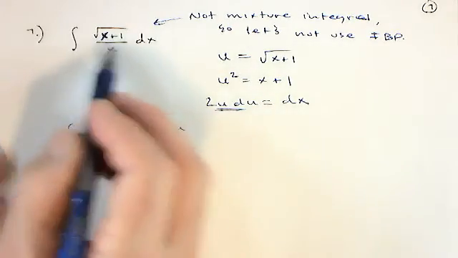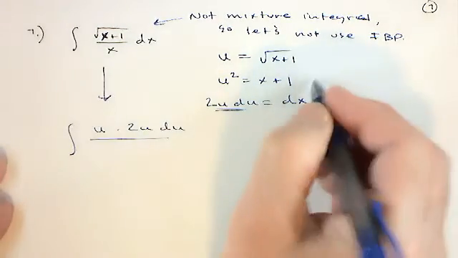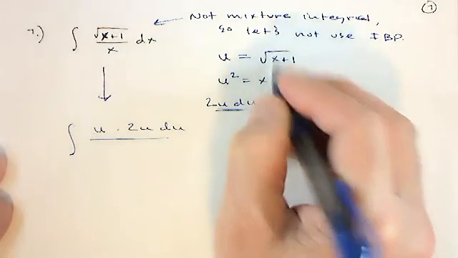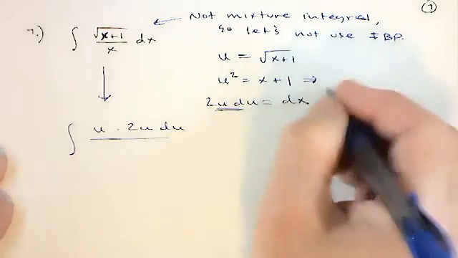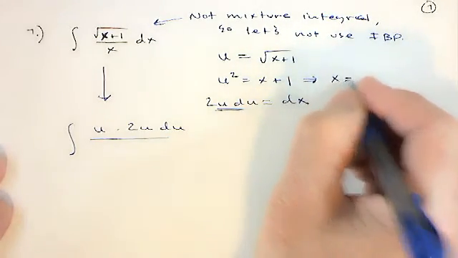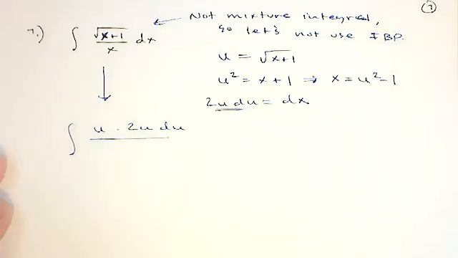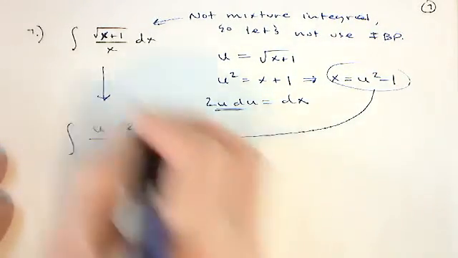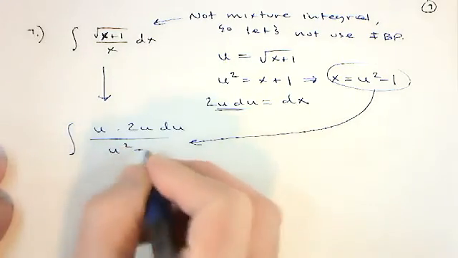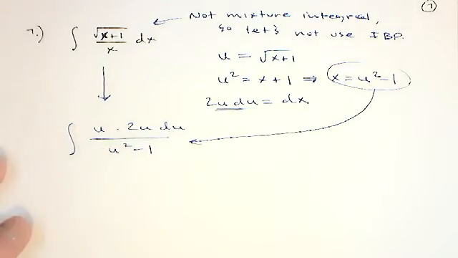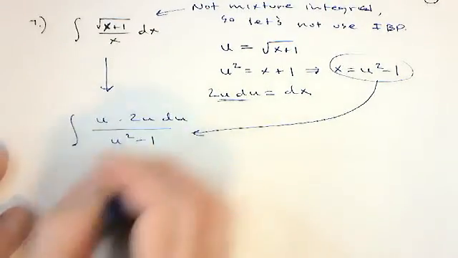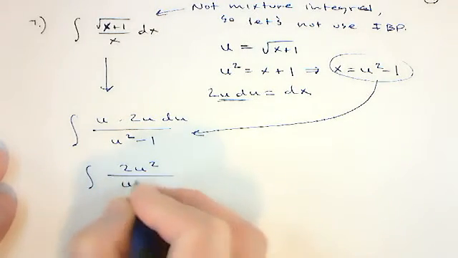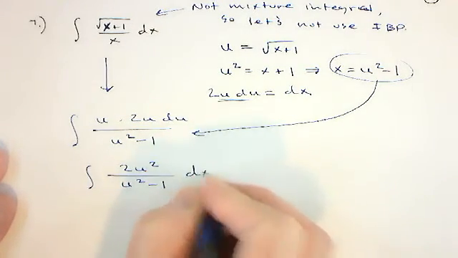Now I need a replacement for this x in the bottom, and we've also seen that technique where you can go back to one of your two statements before I did the derivative and solve for x, which would be u squared minus 1. I could put that into the denominator. And everybody has been accounted for, and this leaves me with the integral of 2u squared over u squared minus 1.